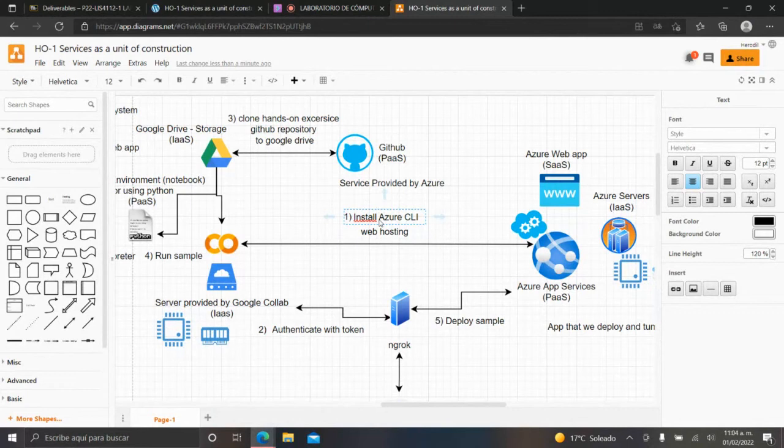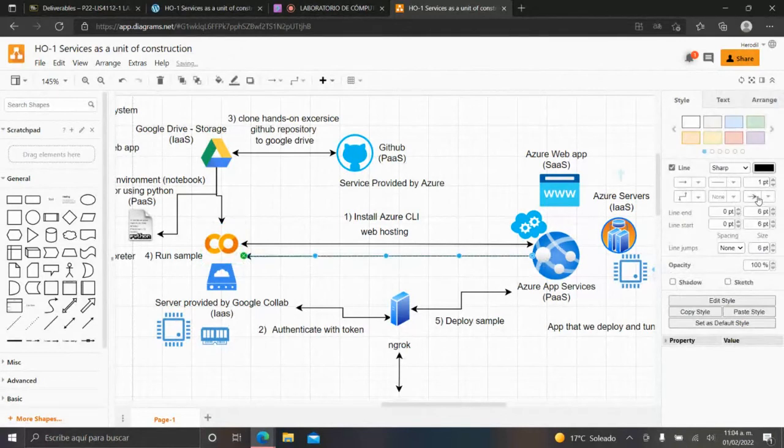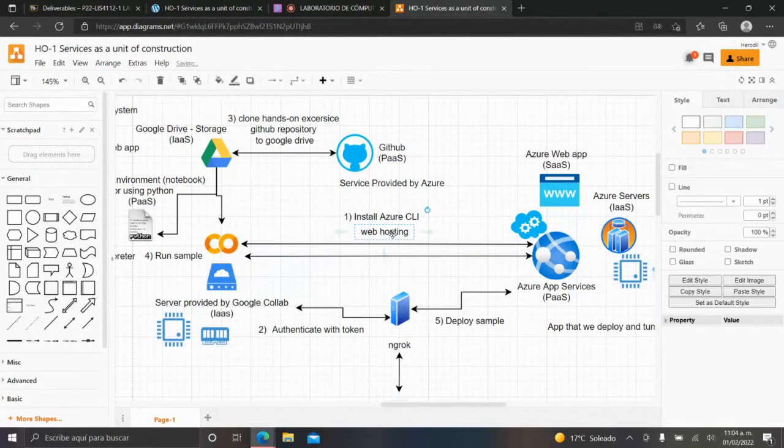You need to have another arrow saying connect to Azure, of your own Azure account, sorry, not portal. It's the opposite, yes. Install and then connect.